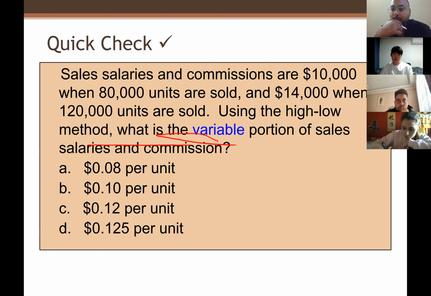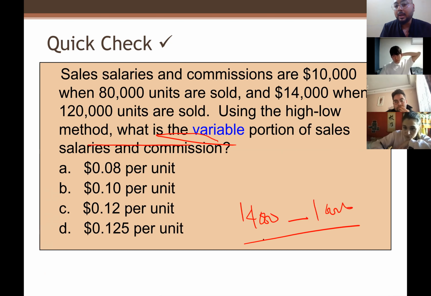Junpyo, you look surprised. On B. Oh, good. How do you find out the B? Highest cost minus lowest cost, right? Divided by highest cost units, 120,000, minus lowest cost units, which are 80,000. So 4,000 divided by 40,000.